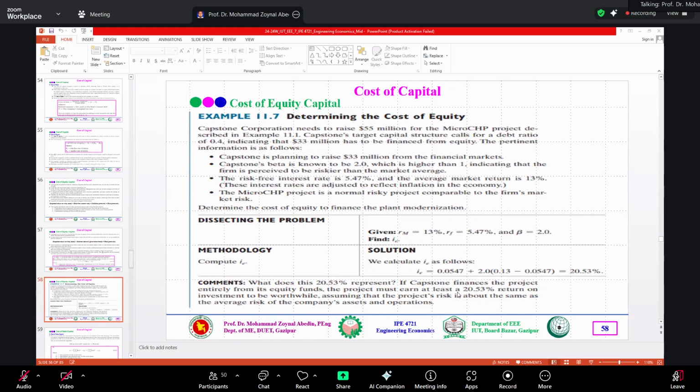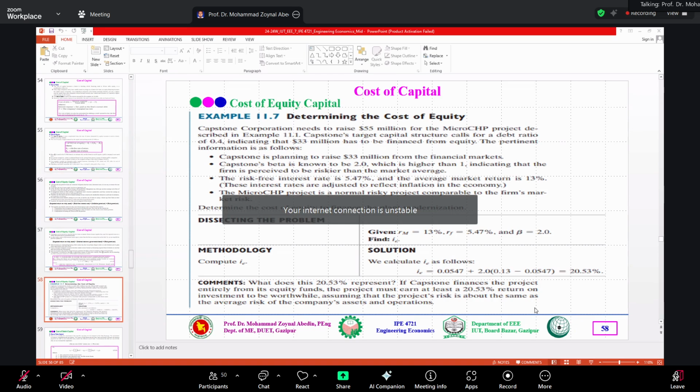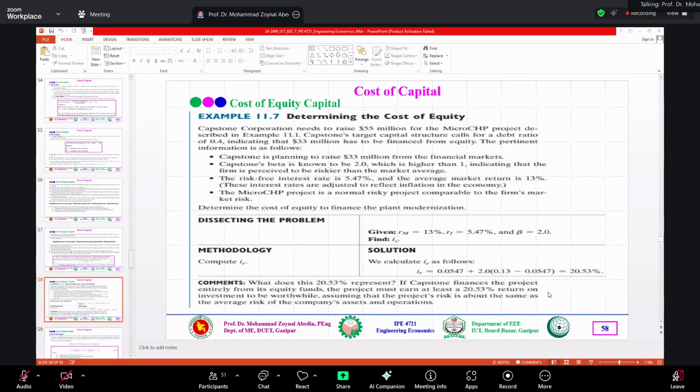This represents, if Capstone finances the project from its equity funds, the project must earn at least 20.53% return on the investment to be worthwhile, assuming that the project has about the same risk as the average of the company's assets and operation. So this is the cost of equity that will be used to finance the operation.